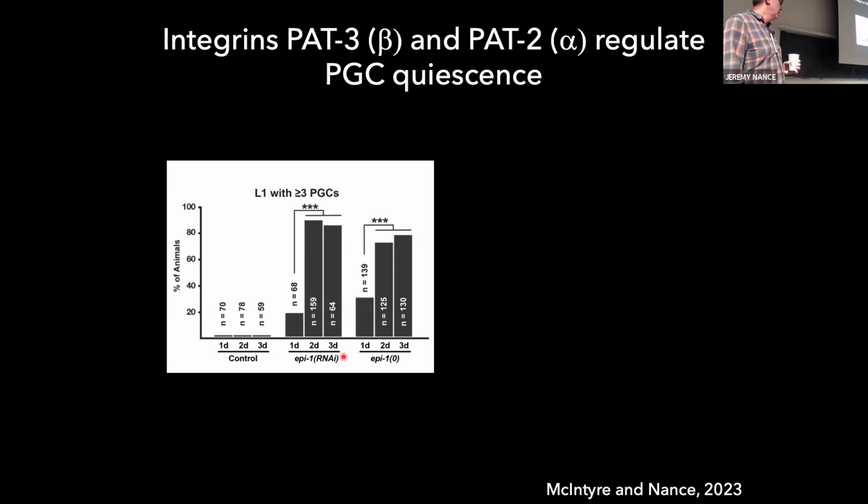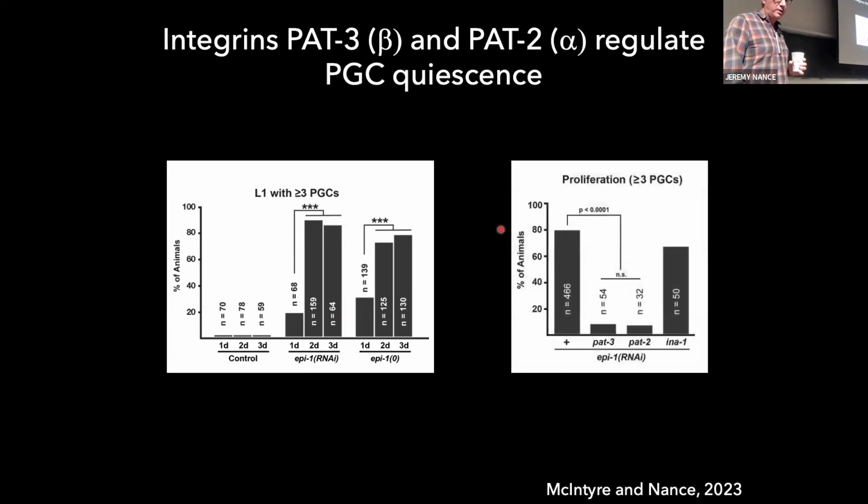Before I get into those experiments, he wanted to make this proliferation assay a little more robust. I told you that the EPI1 animals live longer into larval stages. In fact, if you let them live several days, almost all the germ cells begin to proliferate in almost all embryos, and he would get up to 8 or 16 germ cells instead of the 3 or 4 that he was seeing earlier.